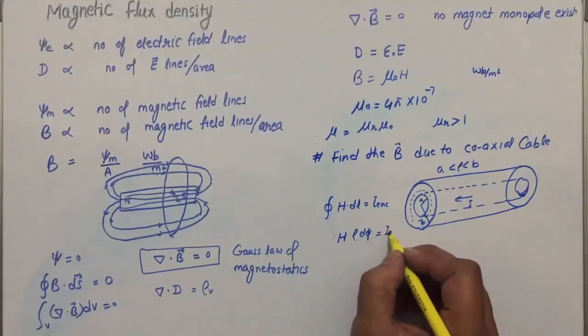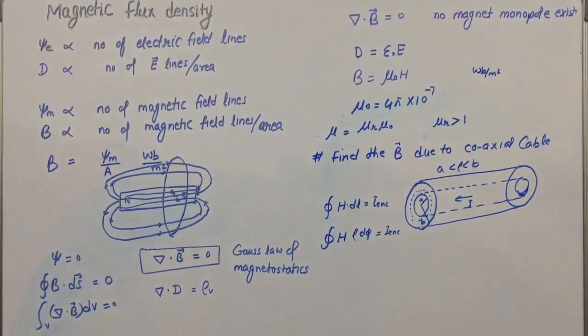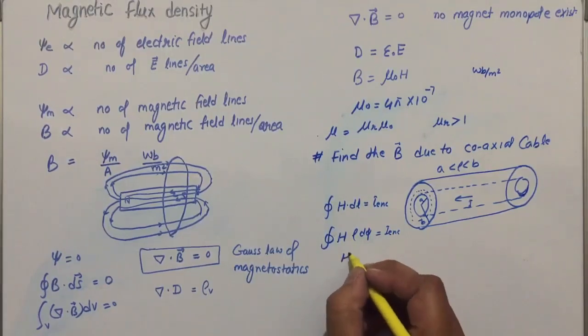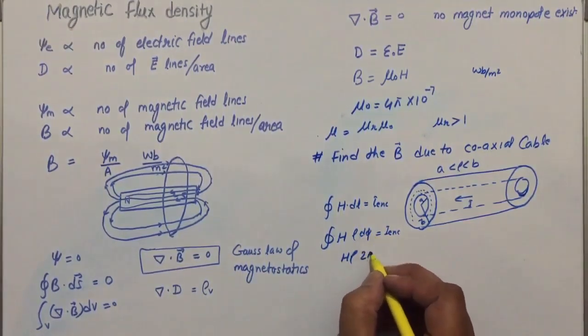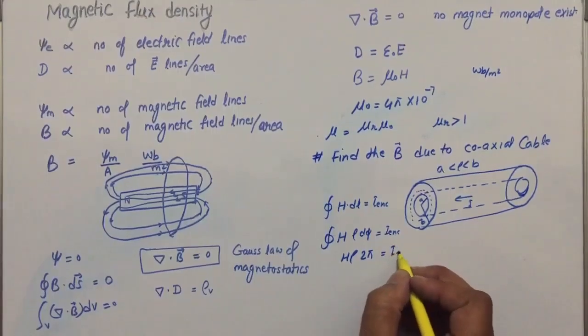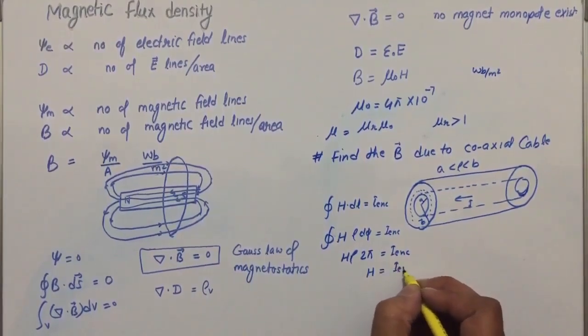It will be I enclosed if we take the integral of this for the closed path. Here we can write H rho, and the full path gives 2 pi, that will be I enclosed.